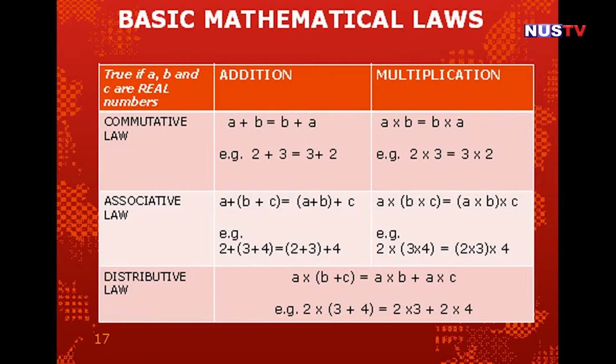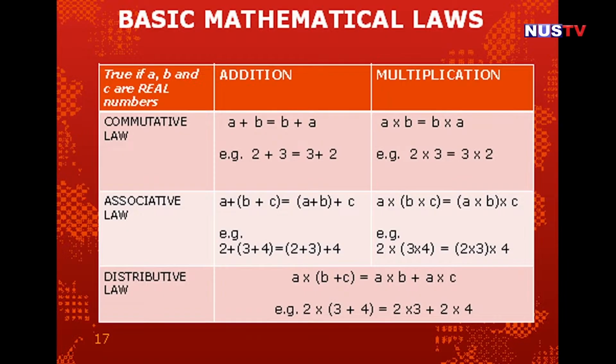The associative law states that for addition, a plus (b plus c) is the same as (a plus b) plus c. For example, 2 plus (3 plus 4) is the same as (2 plus 3) plus 4, because both sides add up to 9, right?